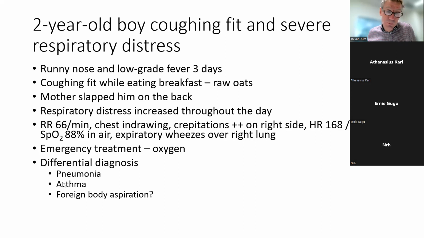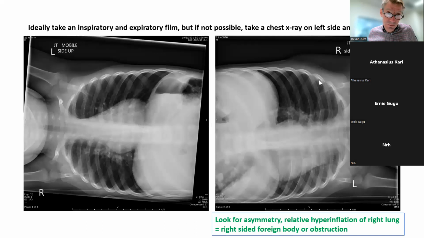So it could be that he had pneumonia or he had asthma, or he could have had a foreign body aspiration, and it seemed to start his coughing fits when he was eating these oats.